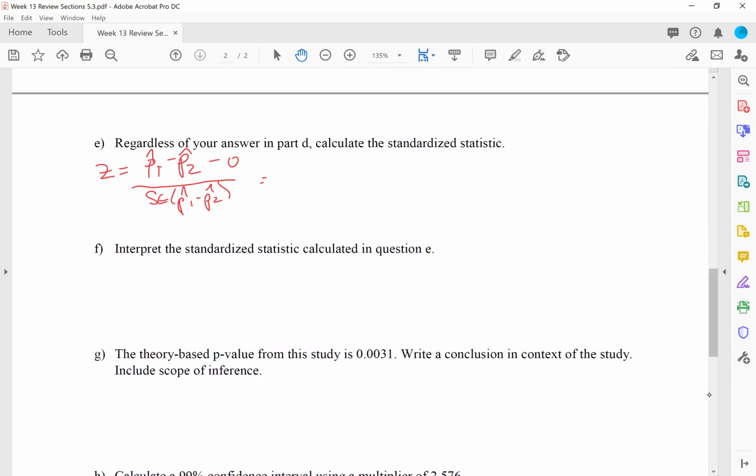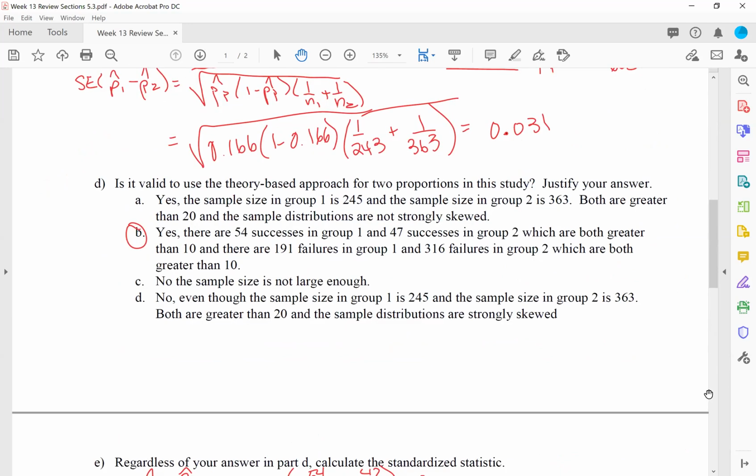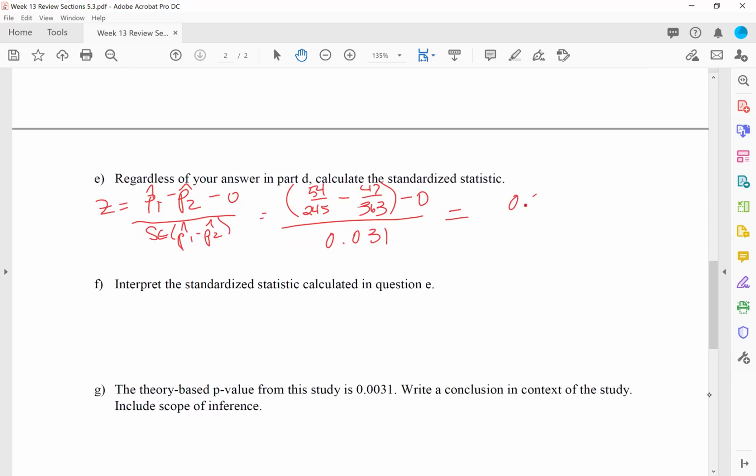Put that in here. So we've got our 54 divided by 245 minus 47 over 363 minus 0, and dividing by that 0.031 that we found up here in part C. We get 0.091 divided by 0.031.